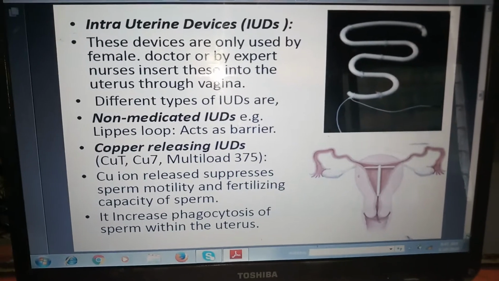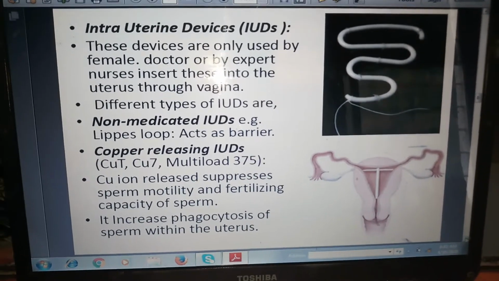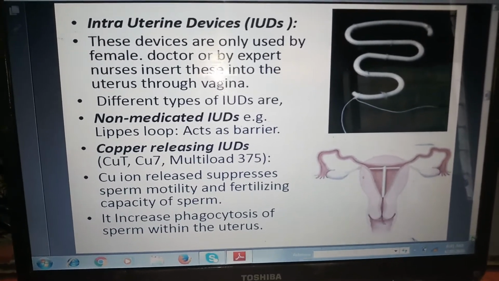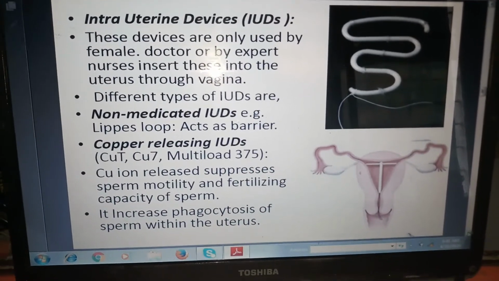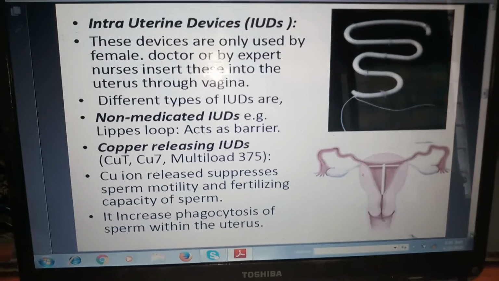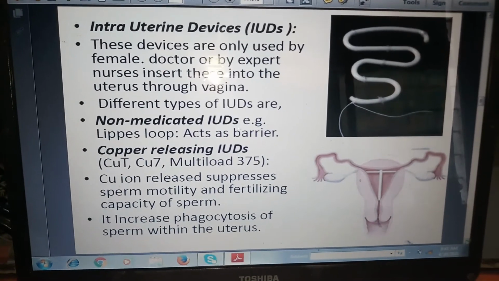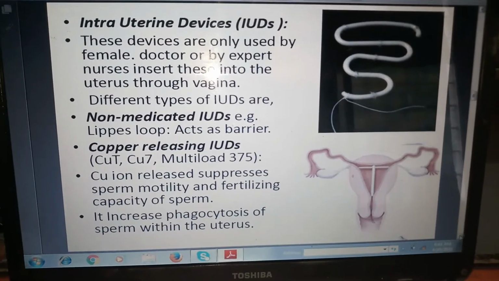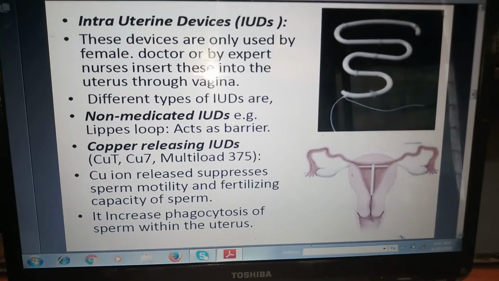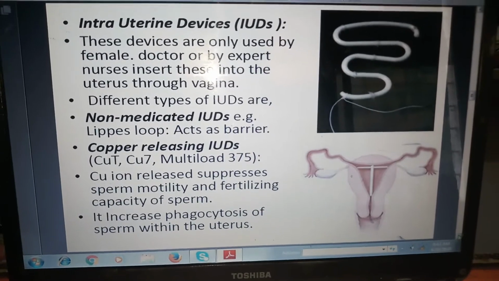Questions are asked about examples of IUDs. You have to remember these names: Lippes loop, which acts as a barrier, and copper T. The three copper IUD names are CuT, Cu7 and Multiload 375.